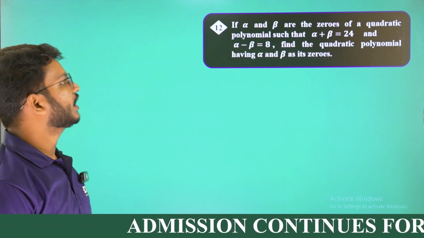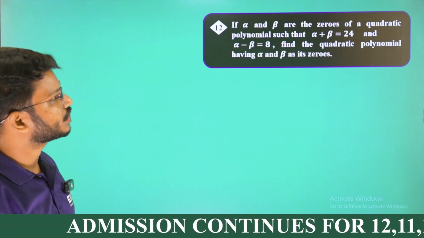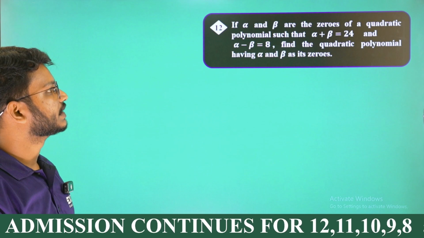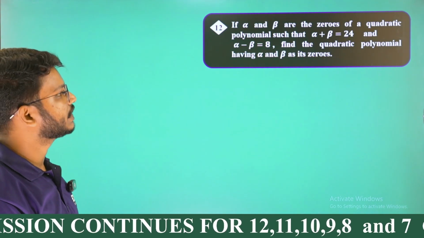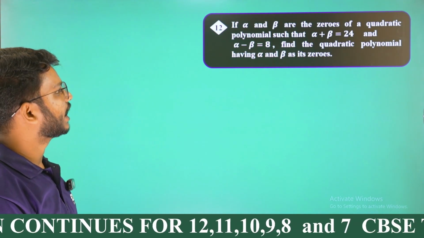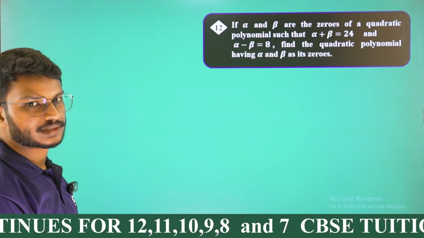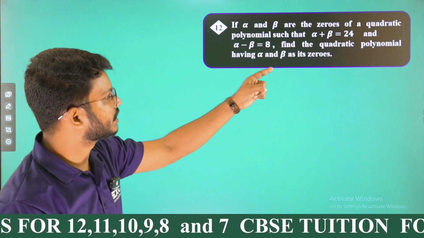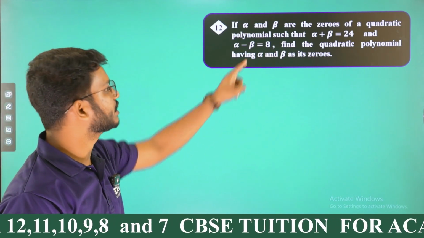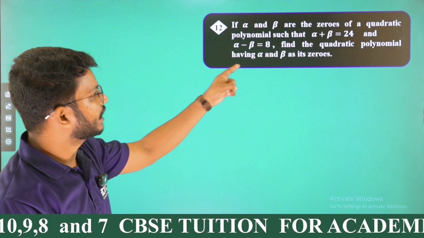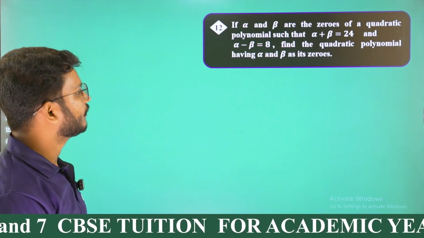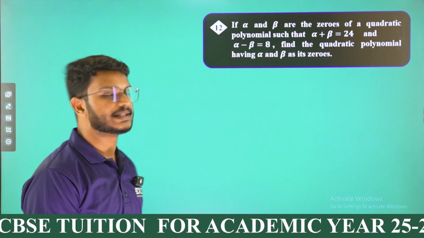If alpha and beta are the zeros of the quadratic polynomial such that alpha plus beta is equal to 24 and alpha minus beta is equal to 8. So alpha plus beta is given, alpha minus beta is also given. Find the quadratic polynomial having alpha and beta as its zeros.